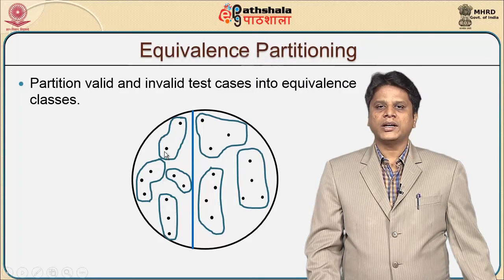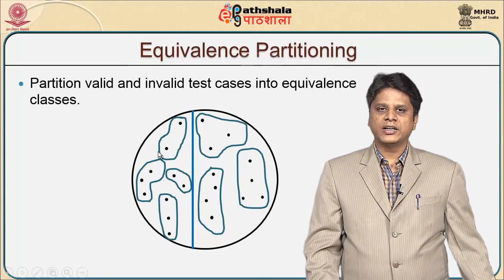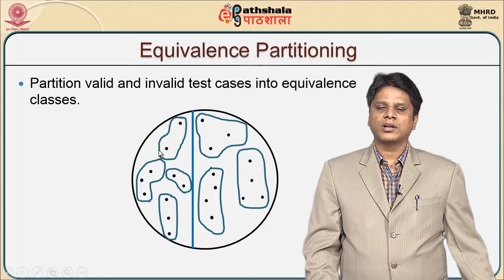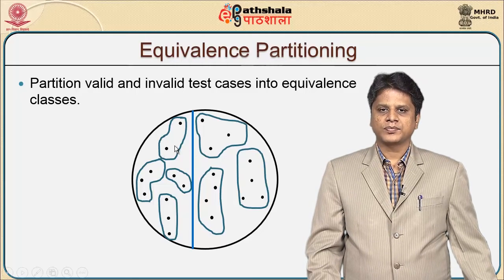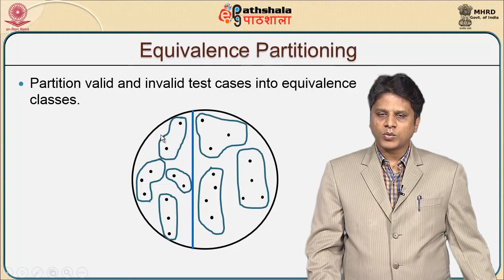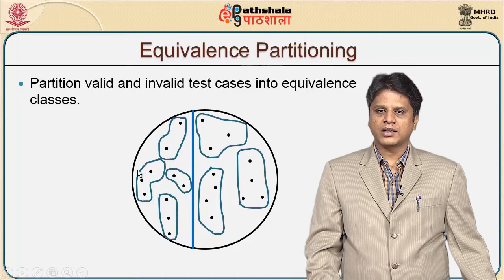It is needless to test for all the values. So, just look at within the valid and invalid classes, we have partitioned into equivalence classes. These 2 instances make one class, these 3 another class.